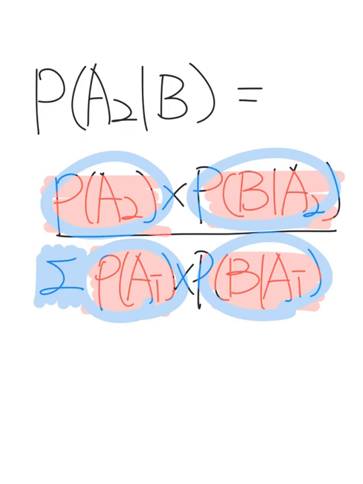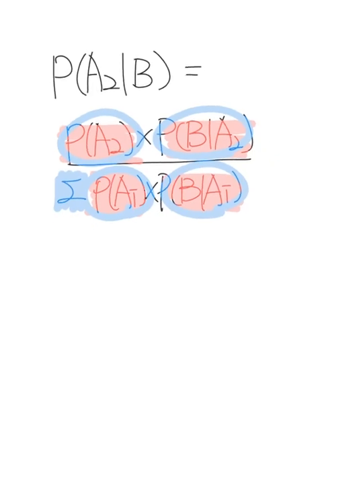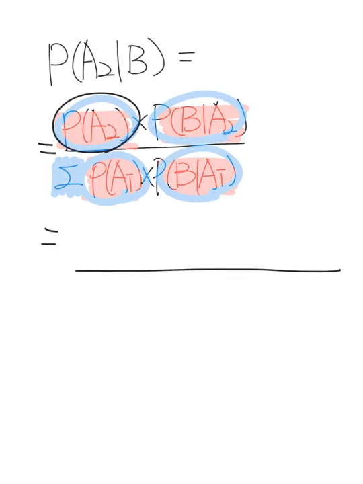Okay, let me do it. I need more space. How much was the probability of A2? A2 was the patients, just the patients.